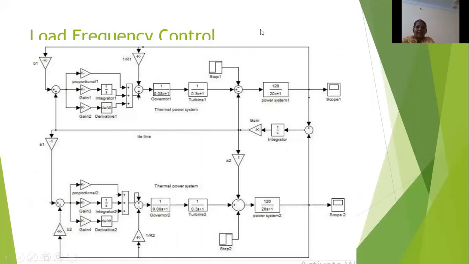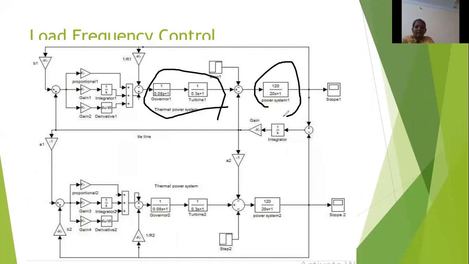This part includes the turbine governor system, and this part is your power system 1. After deriving the mathematical model, this is one power system and this is the other power system, the second area.